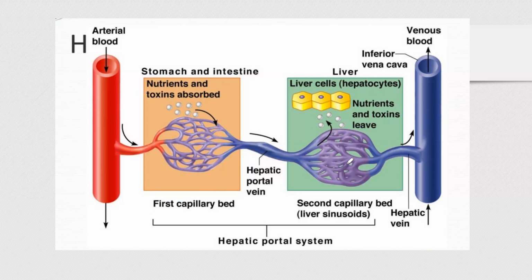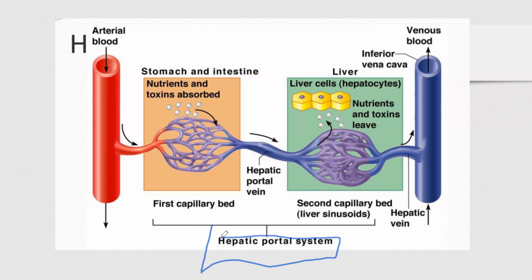Some nutrients are stored, some nutrients stay right inside the blood because you need to deliver them to the rest of your body, and then through the hepatic vein it flows to your heart, and from the heart to your lungs, from lungs back to the heart, and to every part of your body. Right, this is what the hepatic portal system is.